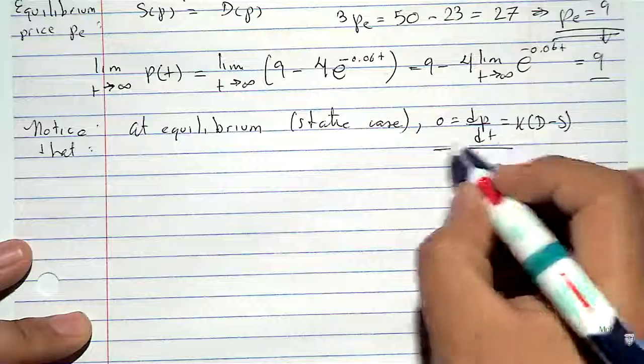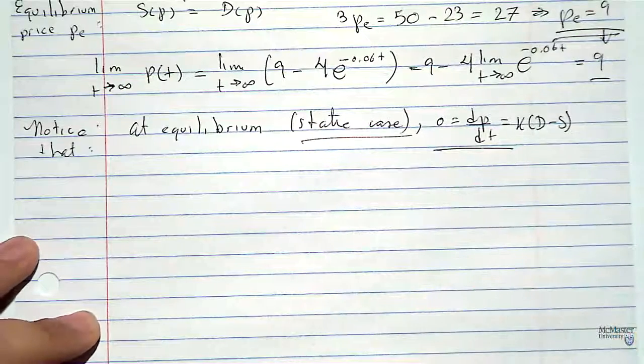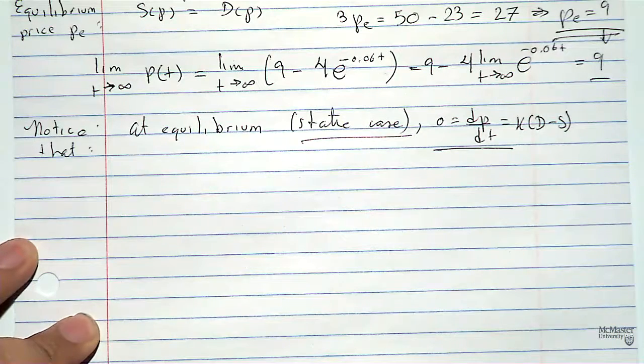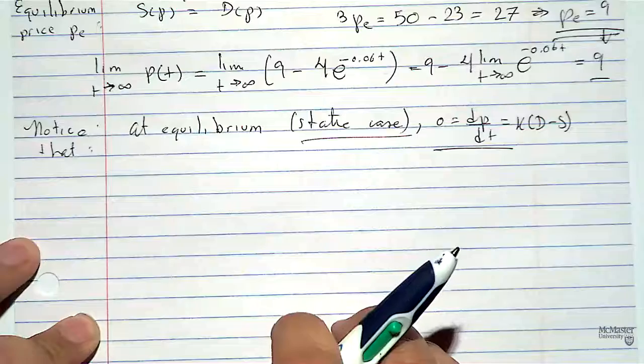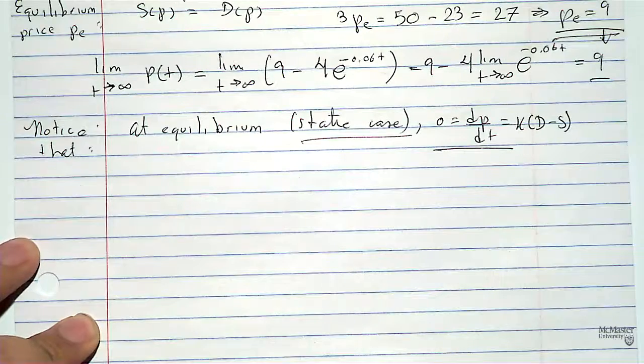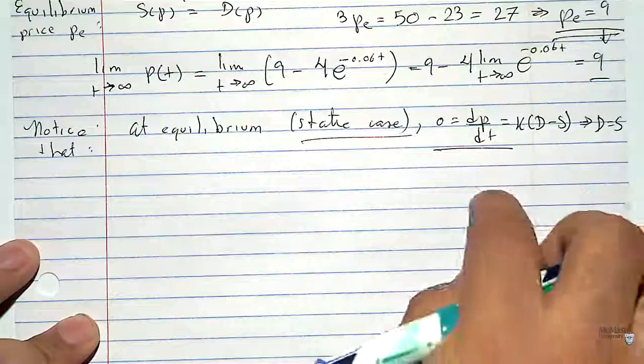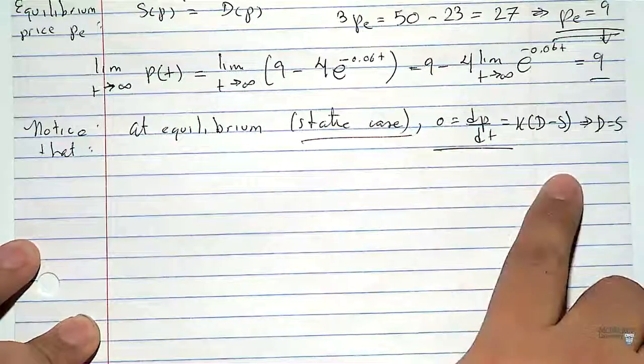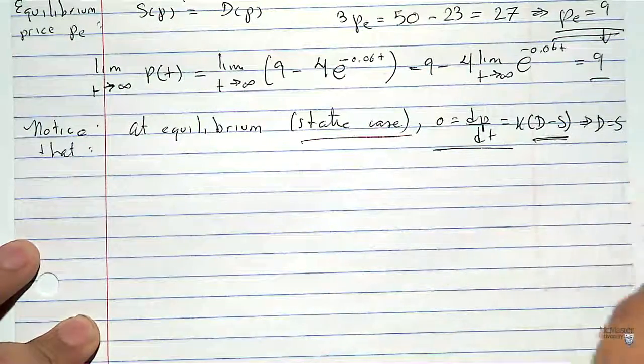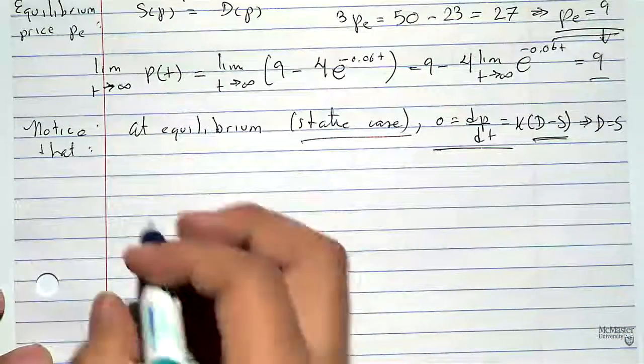So in the case where you have the static case, meaning if it's static, which is equilibrium, there is no time change. It doesn't change in time in the static case. So that means that the derivative should be 0, because there is no time change. And therefore, that would mean that d is equal to s in this case, by assumption. If this equation is equal to 0, then the only case is precisely that d is equal to s for this to happen.